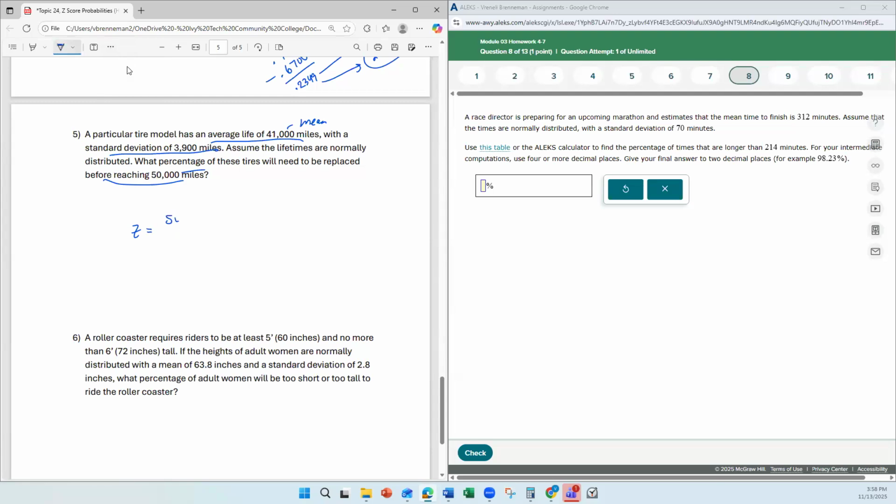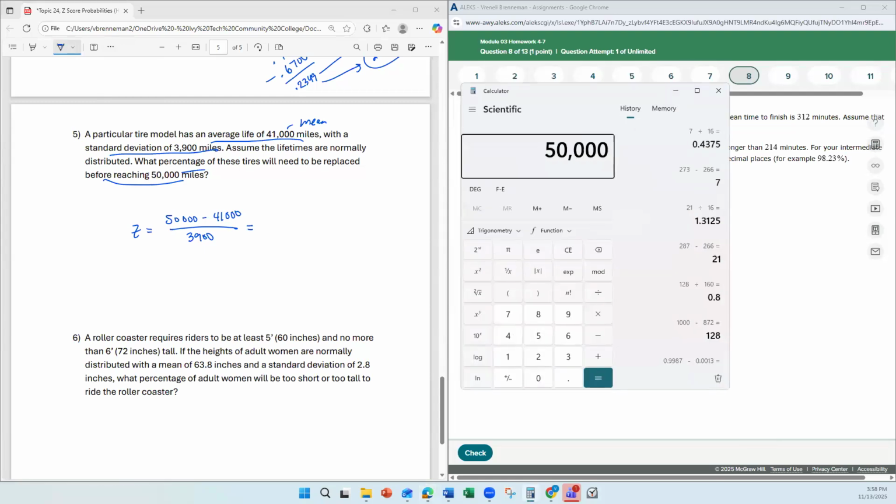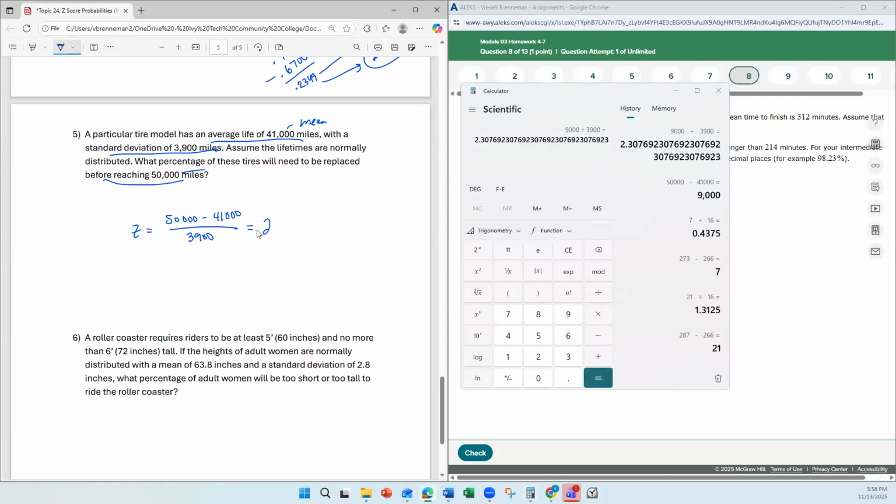So z is 50,000 minus 41,000 divided by 3,900. That's 2.31 when I round to 2 decimal places.